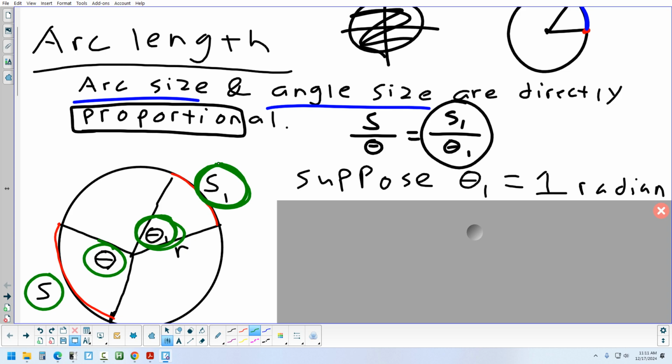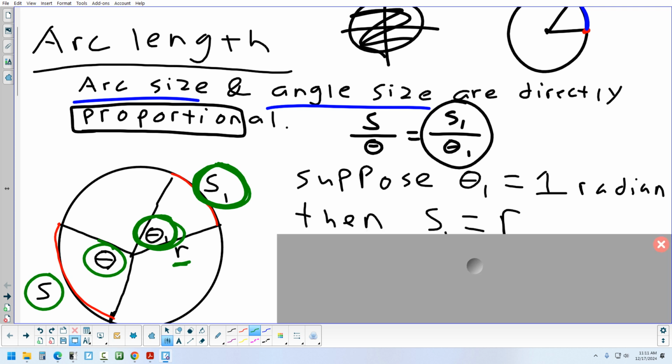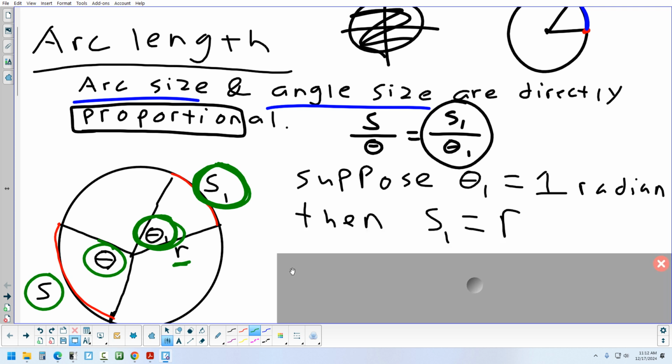It's not as simple as 1 foot equals 12 inches, only because you maybe hadn't learned it till yesterday. But it is exactly the same idea. It's just a true fact. Is it the only true fact? No, there's other ones. But that is one. If that angle is 1 radian, then that arc is the same size as the radius. And the radius will be given to you in the problem. That's why that's important.